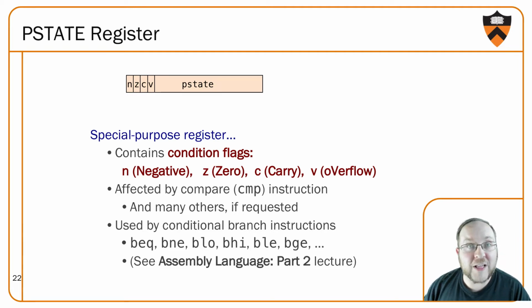Or did it set a flag for did overflow occur? These conditions are stored as bits in the pstate register. And so pstate is our last special register that we need to care about. We won't typically access pstate directly. Instead, we will do so indirectly by doing conditional operations, conditional branches.